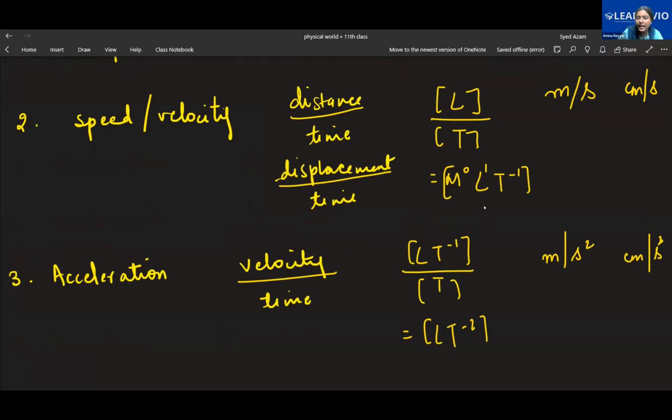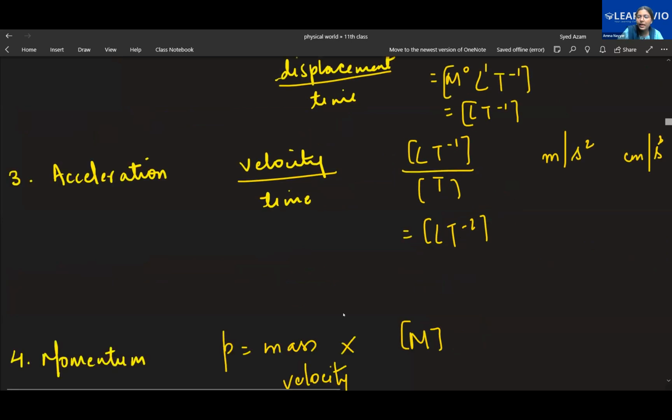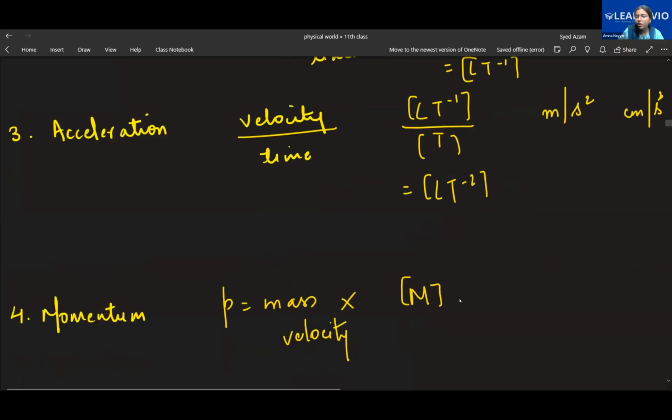Final formula is LT to the power minus 1. This is velocity. So you are just multiplying M to velocity. Velocity is LT to the power minus 1, so when you multiply these two, it will be MLT to the power minus 1.